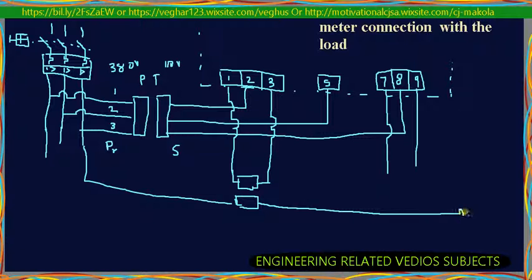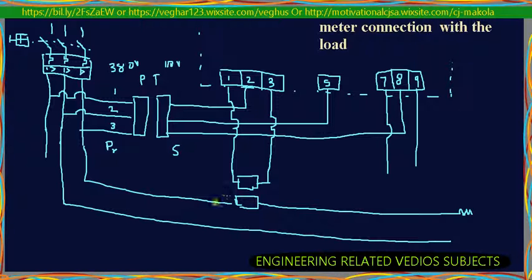If you know the current, you can use the ratio. From this side it's 20 amps, so for every 20 amps, this one counts 5 amps. If you find that the current consumed here is maybe 100 amps, you have to work out how many 5 amps are in 100 amps, which is 20.